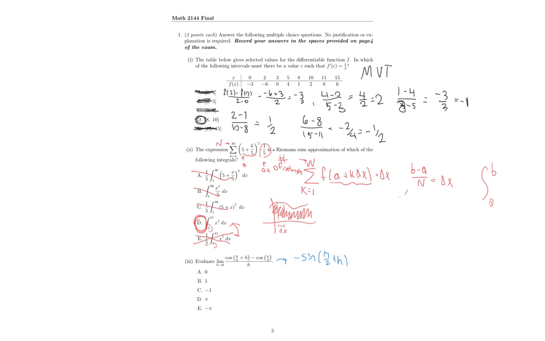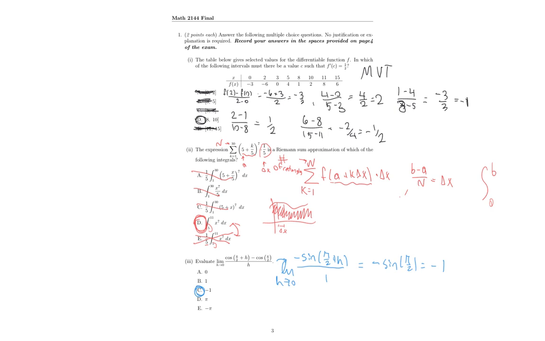And the derivative of cosine pi over 2, that's just a number, so that goes away. And the derivative of the bottom should just be 1, and you reevaluate, and as h goes to 0 you get negative sine of pi over 2, which is negative 1. You could do it that way, and that negative 1 is our answer.